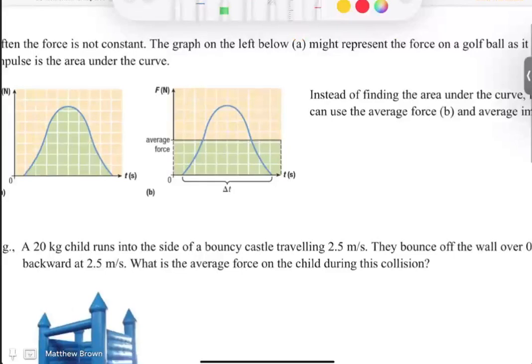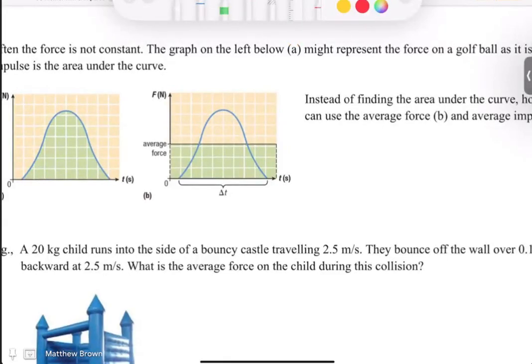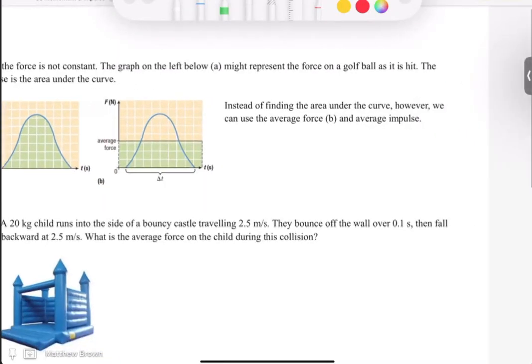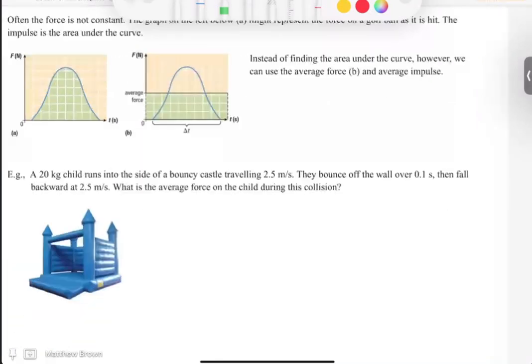You can see that that's a reasonable approximation where we just assume a constant force over a very small time, delta t. If you look at a collision like that with the tennis balls, it's usually a very, very short time, so it's not unreasonable to just take an average force. That would then give us our impulse, the product of force and time, which gives us the area under the curve.